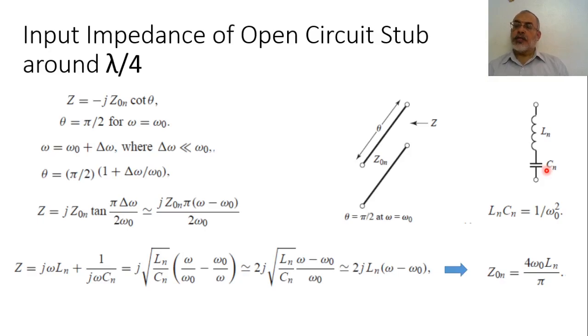So, by the specification of the filter, we determine the value of Ln, and after we determine the value of Ln, we can determine the characteristic impedance of the transmission line section which can be used for such a result. So at the beginning we determine the value of Ln, and by determining the value of Ln we determine the value of the required characteristic impedance.